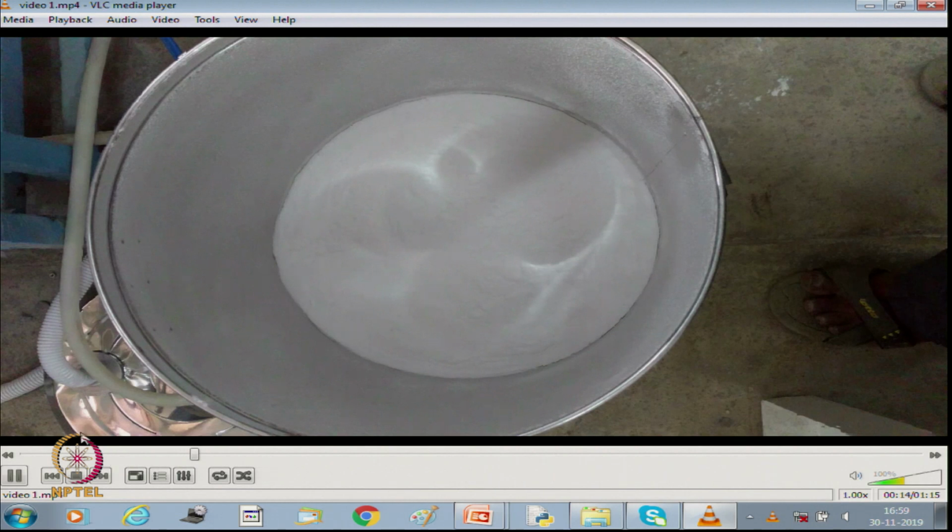Now, air is being supplied at the bottom.